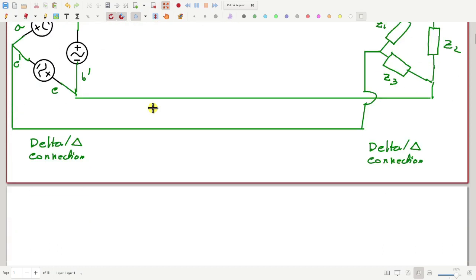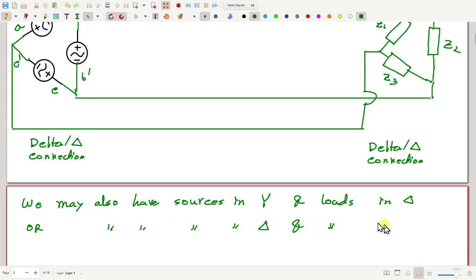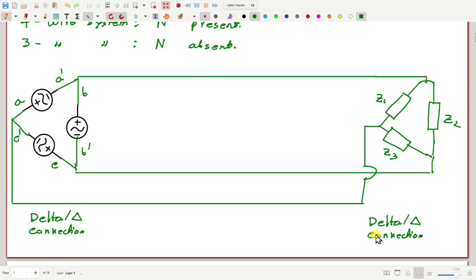So we may have sources connected in star and loads connected in delta, or sources connected in delta and loads connected in star. That is also possible.